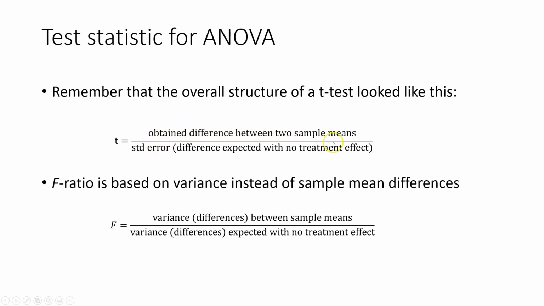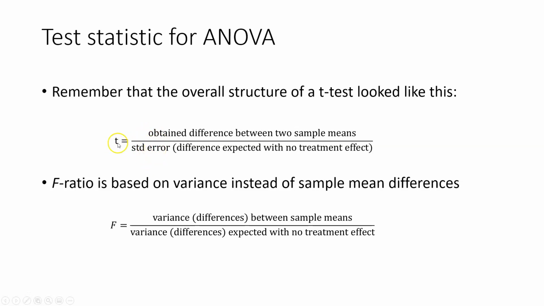And we divided that by the standard error, which was defined as the difference that we would expect between any two sample means at random if there was no treatment effect, if the null hypothesis were true. And so we would take that difference we obtained, like let's say it was 5, like we just talked about, and we would divide it by how big a difference we would expect there to be just by chance. And if that was a small difference, like 1, then we would say, whoa, that's a really big t.